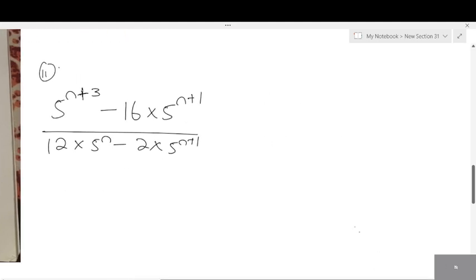Others, can you unmute and answer the 11th one, students? 5 to the power of n plus 1, keep it as it is. Minus 16. What can I write 16 as? 4 square, right? Or just keep it as 16. Anything is fine. 16 into 5 to the power of 2 plus 1.